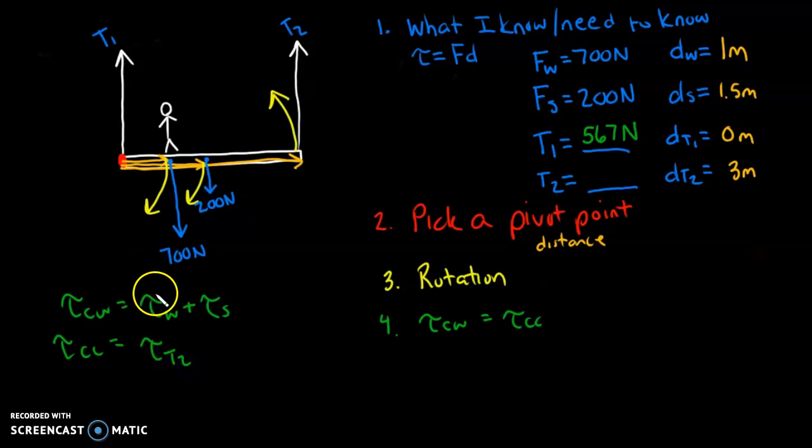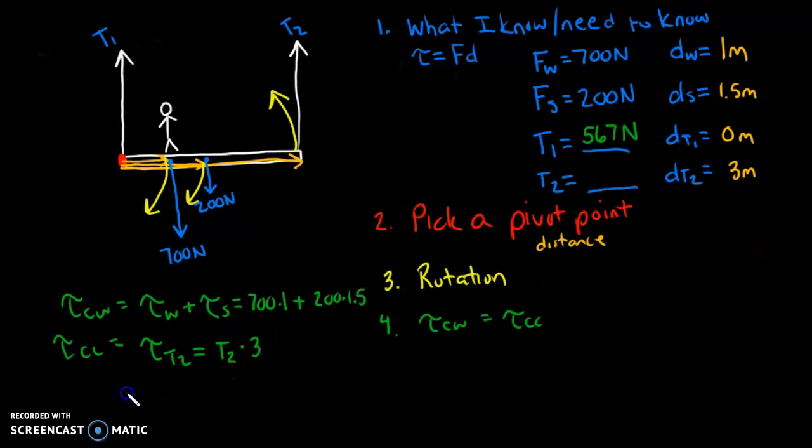So I'll plug my numbers in just like I did before. The torque of the washer is 700 newtons times 1 meter, plus the torque of the scaffolding, 200 newtons times 1.5 meters. And the torque of T2 is unknown. It's the tension T2 times its distance 3.